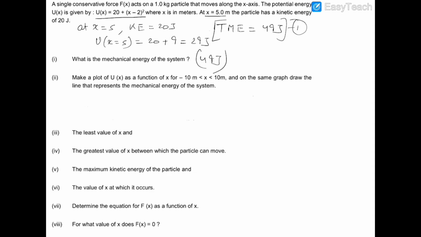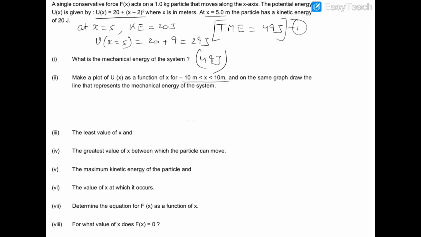Now the second question says that we have to make the plot of potential energy in this range of x, and we have to represent the line that represents the total mechanical energy of the system.